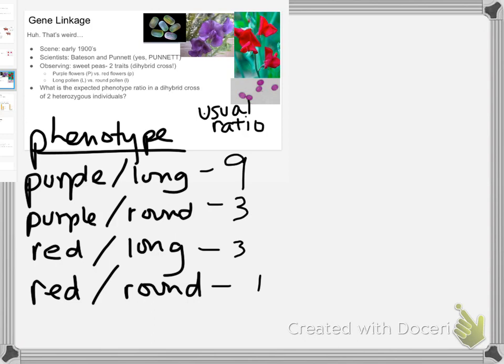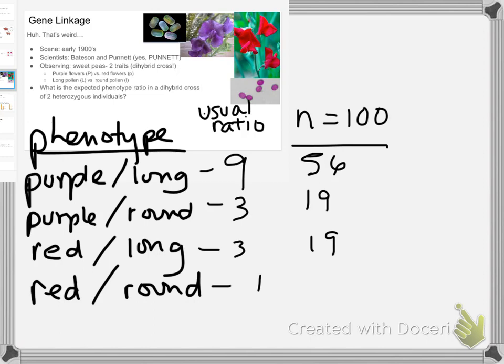So if we remember, 9 sixteenths is about 56%. So if they got 100 individuals, we'll say n equals 100, they expected that they would see about 56 purple, and I think it's about almost 20%, like 19%.